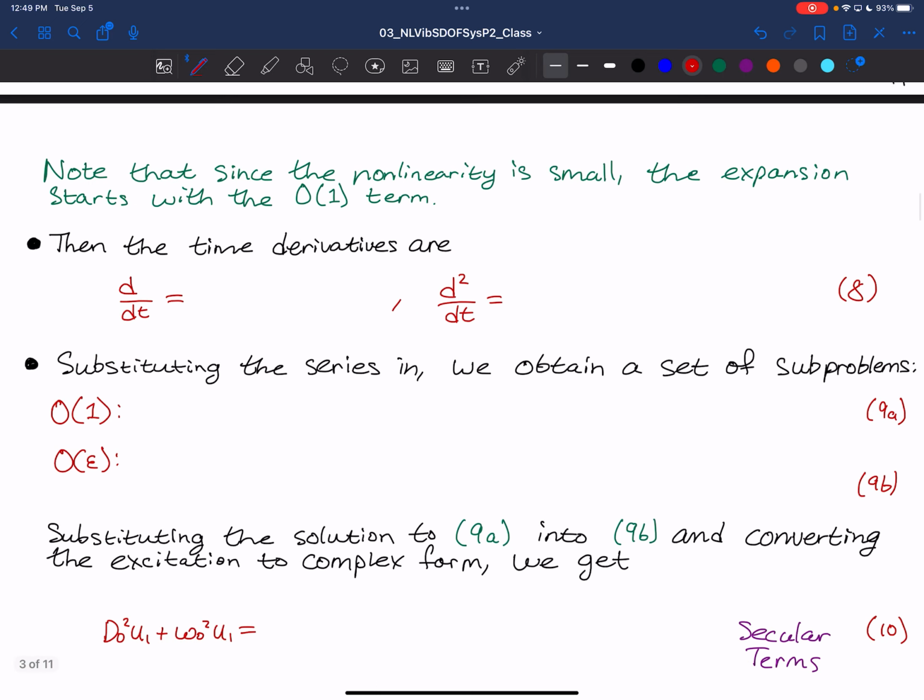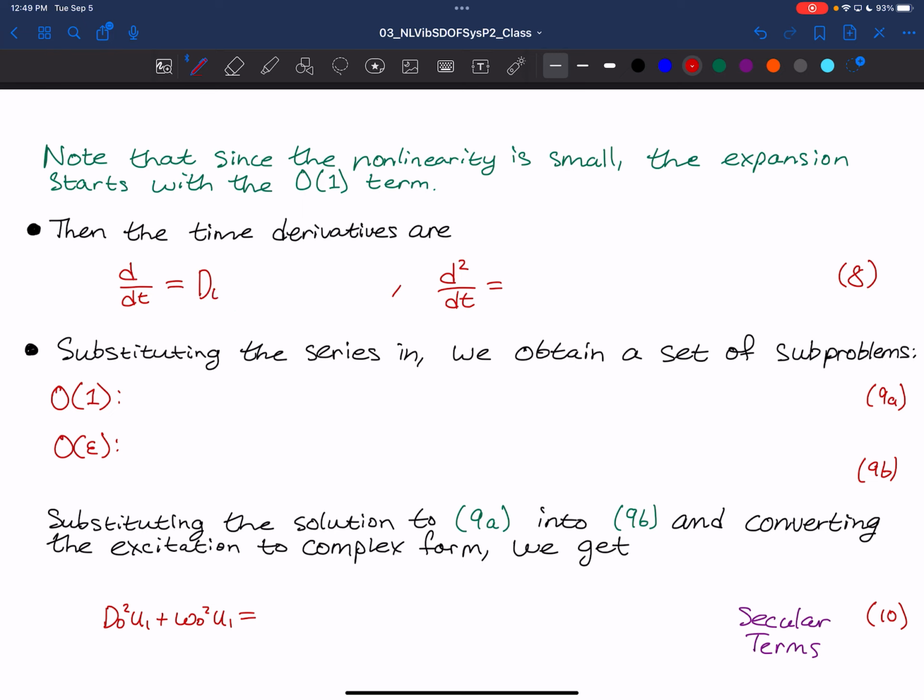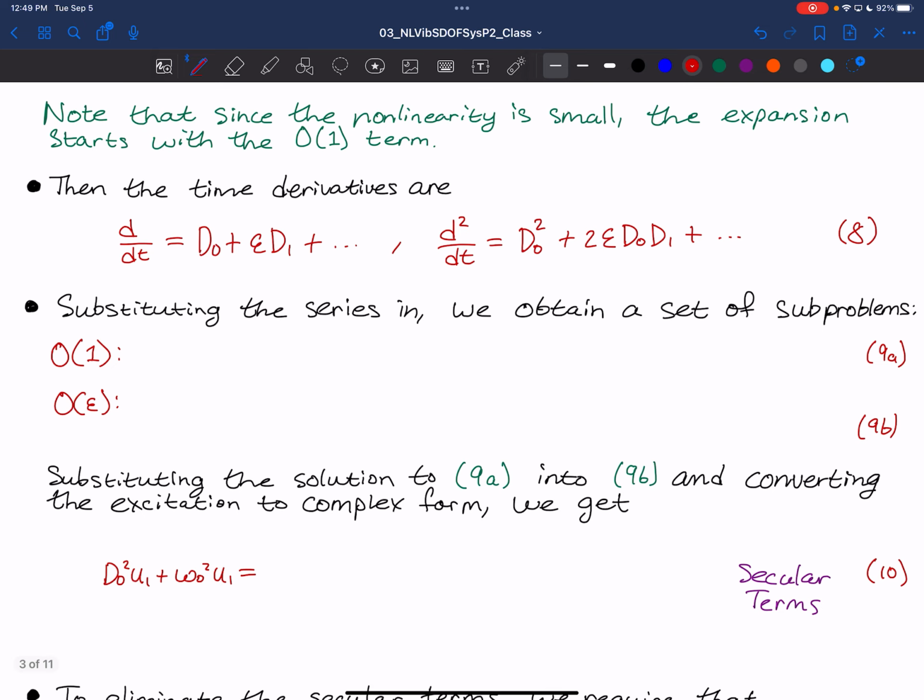Okay, so then expanding the time derivatives, we'll get d0 plus epsilon d1 plus so on. For the second derivative, we'll get d0 squared plus 2 epsilon d0 d1 plus so on. We can then substitute the series for u in and also those series for the derivatives, and we'll end up with a set of subproblems embedded in that single equation.